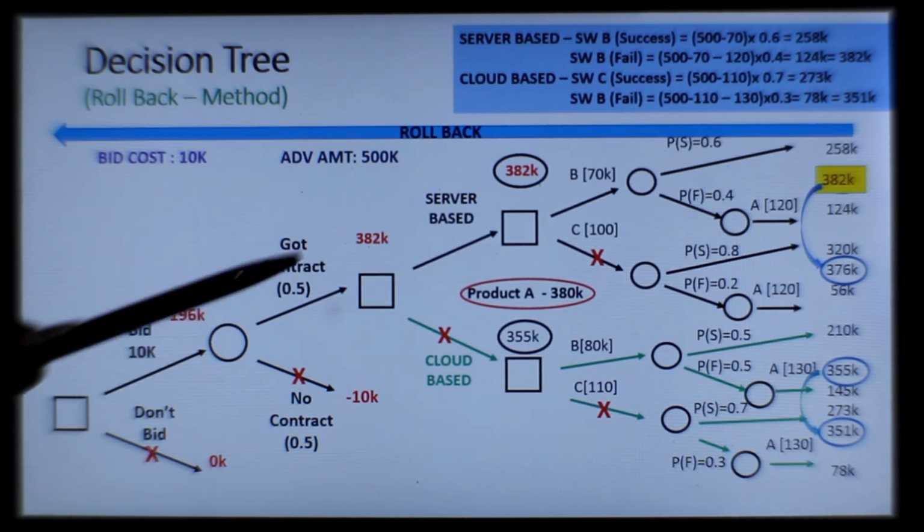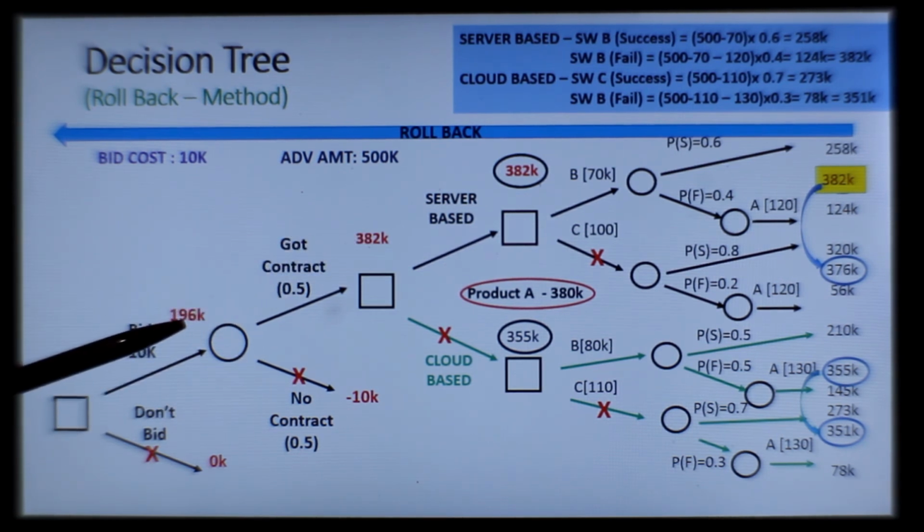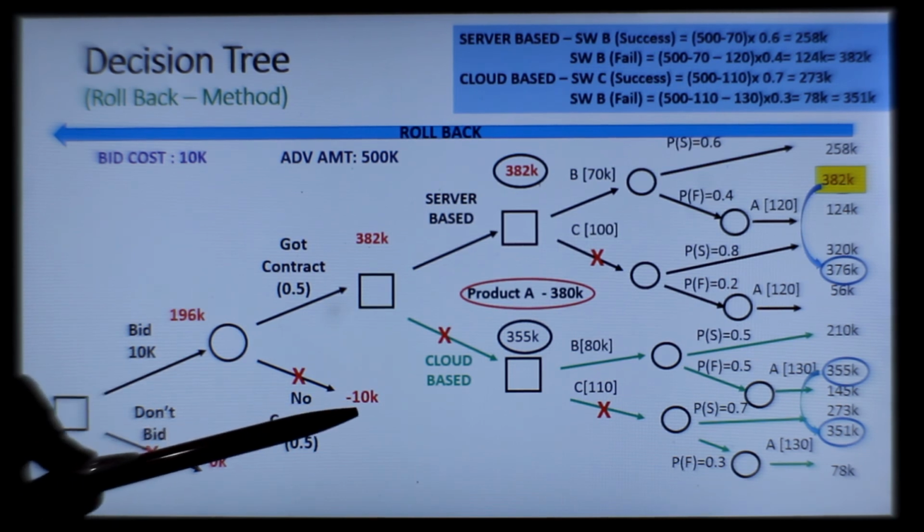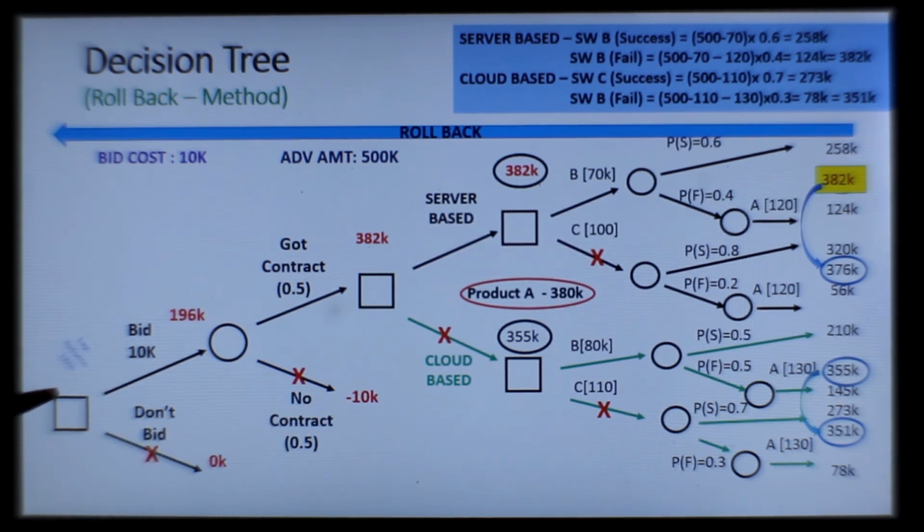So you move on here. From here the probability is 0.5, multiply this, you get 196. And here, because you don't get the contract but would have spent 10K, that is a loss. Now when you come to this stage, this 10K has to be subtracted, and then you get an expected return of 186K if you adopt this route.